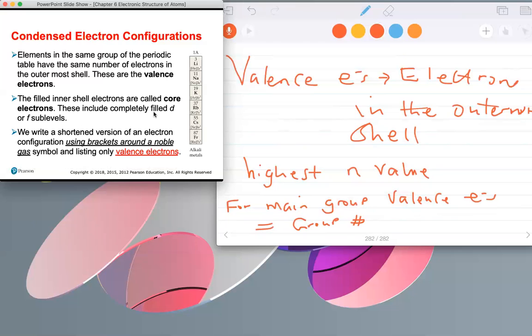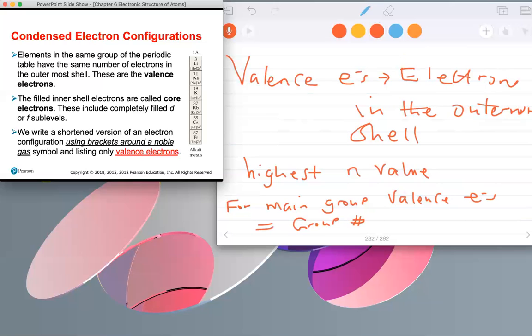The inner ones we just call the core electrons. In writing the condensed electron configuration, we use the bracket to indicate the core electrons. And the valence electrons are those electrons which are not indicated.